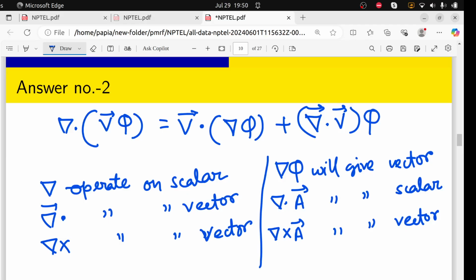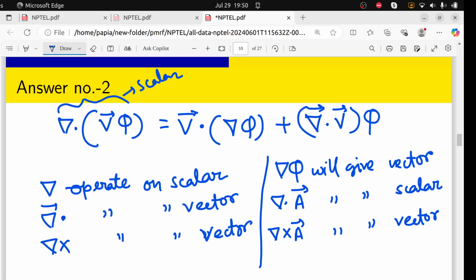As a whole, this will give me a scalar quantity. As I told, divergence of some vector will give me a scalar quantity. That means in the right hand side also, whatever the things will be there, that will give me a scalar quantity. Otherwise, it will not be correct.